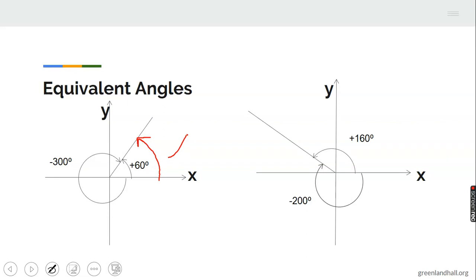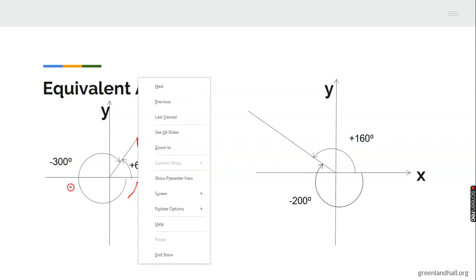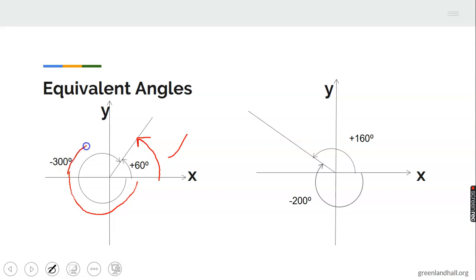Now when you move in clockwise direction, from here to here, you have minus 300 degrees. So plus 60 degrees and minus 300 degrees are equivalent. They have the same value. If you are given minus 300, it's the same thing as 60 degrees. Because when you combine them, it will be 360 degrees.